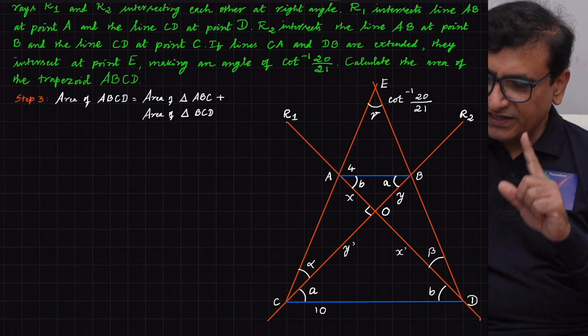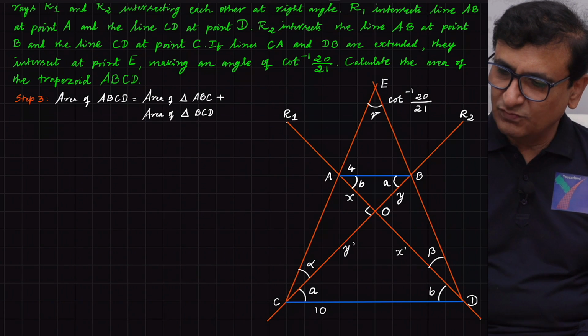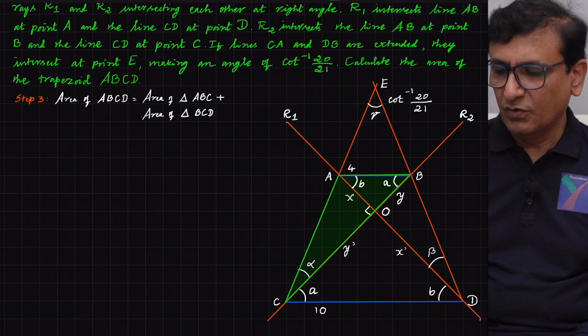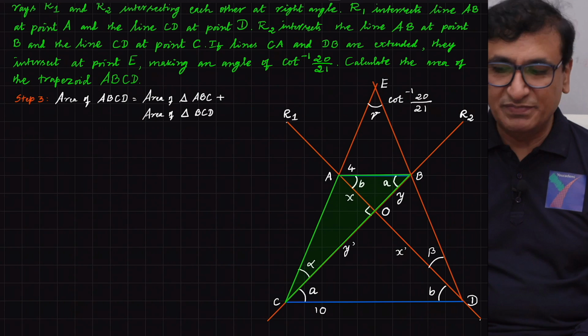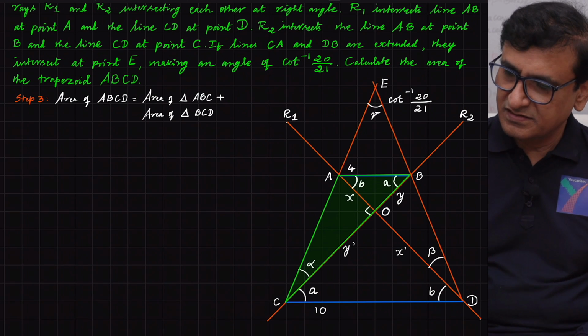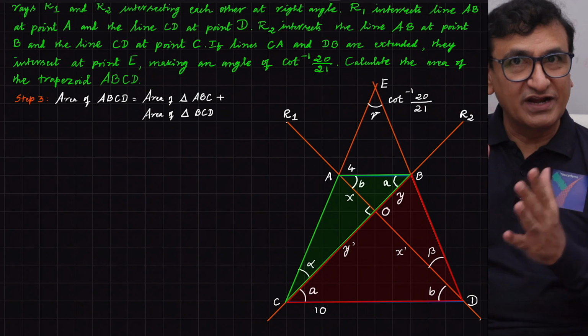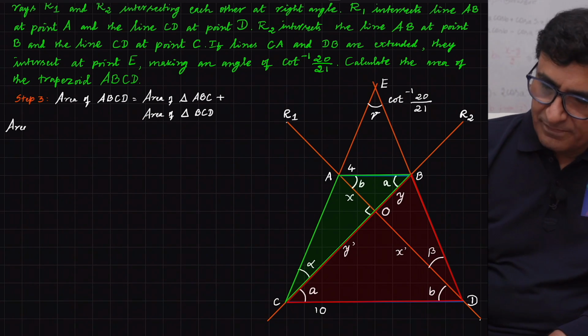Okay, so area of the triangle ABC. Let's see what it gives. So this is the area of the triangle ABC. Next, area of the triangle BCD. Next, I'm going to write down the formula for the areas of these two triangles.